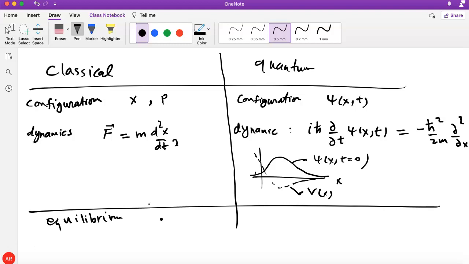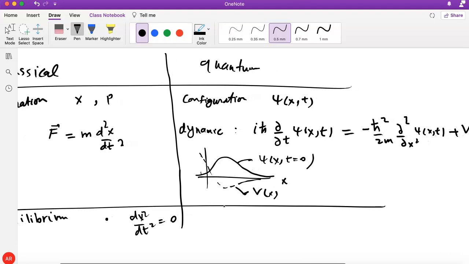But in the simplest case, a particle that's in equilibrium, well, we know that moving with constant velocity is not different from just sitting somewhere, since there's some inertial reference frame in which you are stationary. So the question is, what is the analog of this? Basically the second derivative is zero, there's no acceleration. That's how you would describe equilibrium in classical physics.